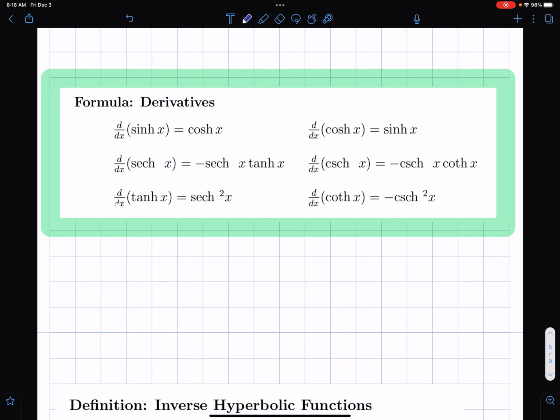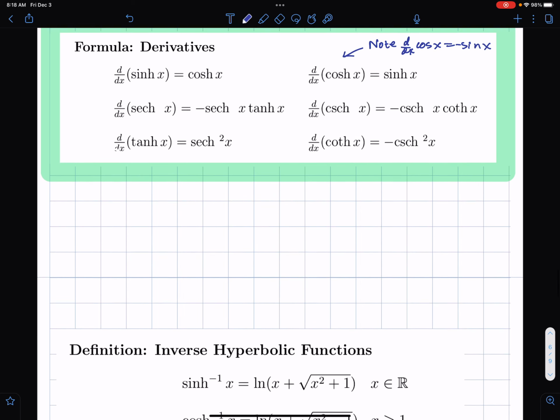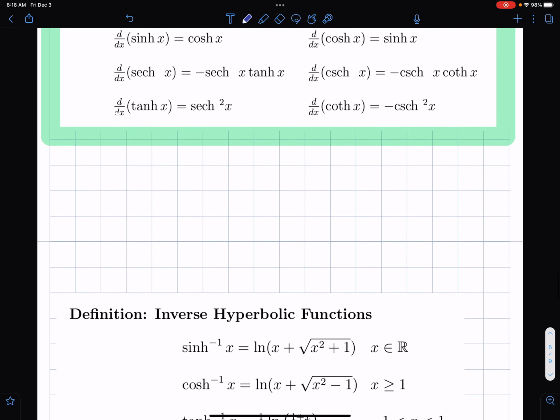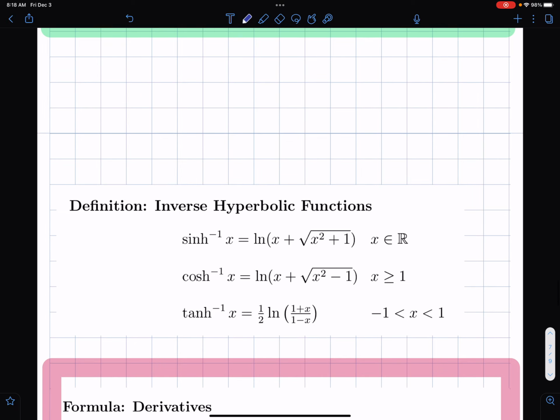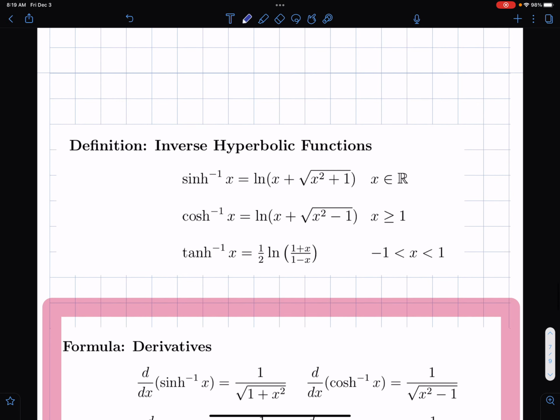So let's just do an aside, although maybe I'll erase it. Note, the derivative of cosine x is equal to negative sine x. See, it's a little different than hyperbolic cosine. Okay. Now, there are inverse hyperbolic functions, and these have formulas.